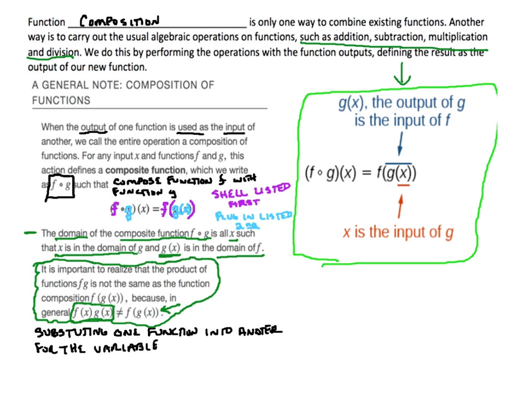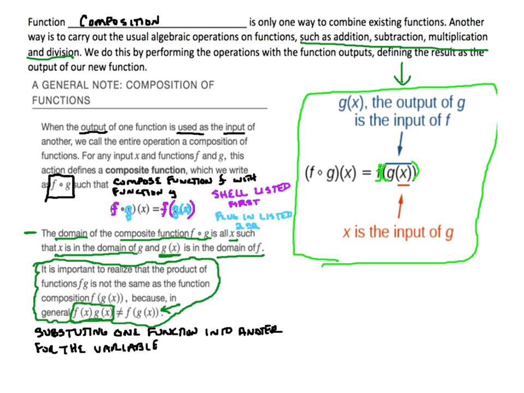To be in the domain of the shell outer function, in this case, to be in the domain of f of x, because you're plugging in an entire other function, you have to be in the domain and the range, or the input and the output, of the plug-in function.